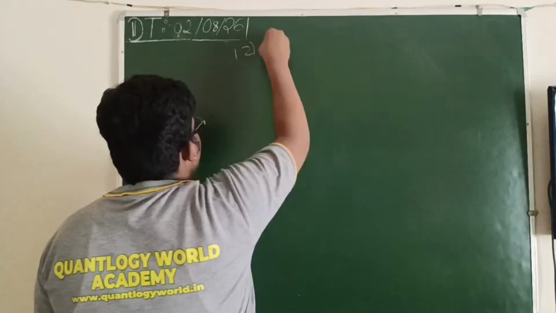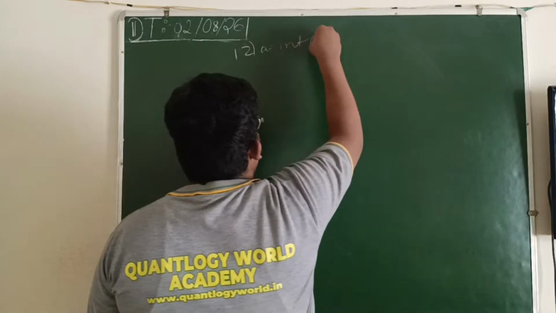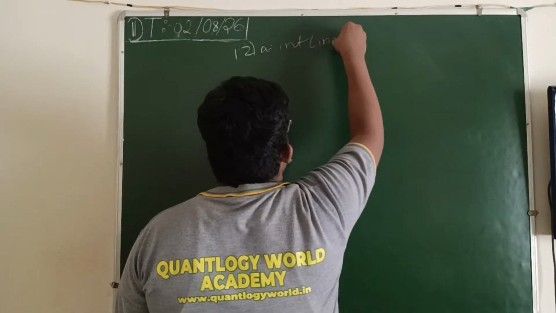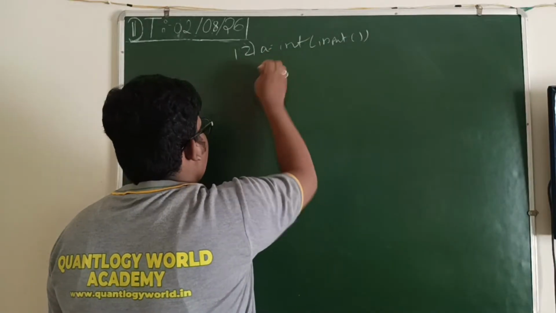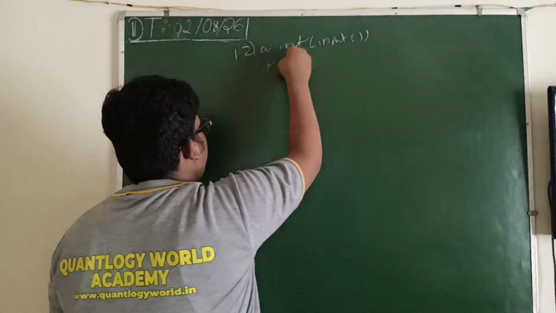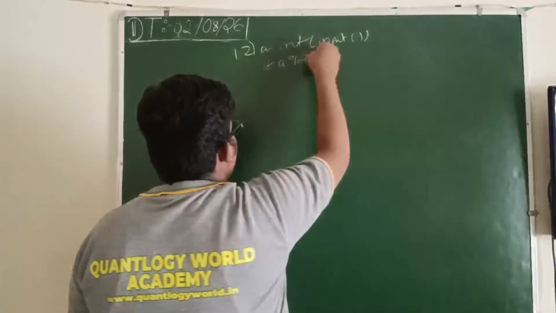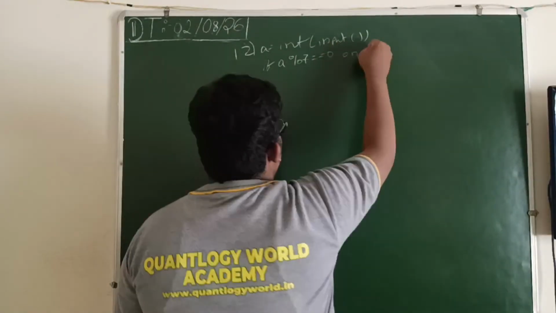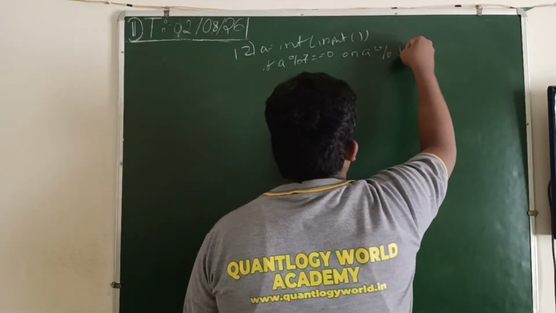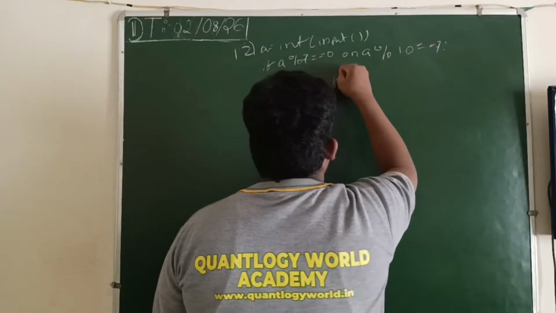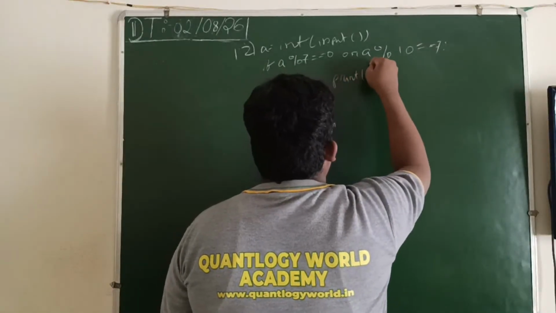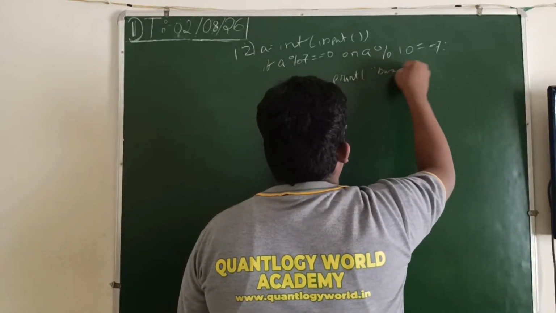12. A equal to int input. If a % 7 double equal to 0 or a % 10 double equal to 7, then print Buzz number.